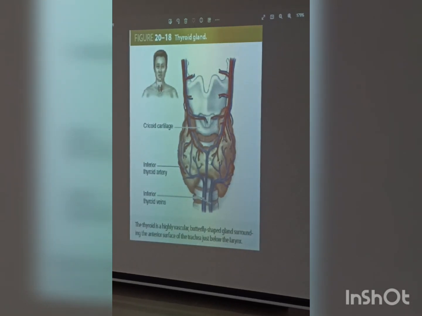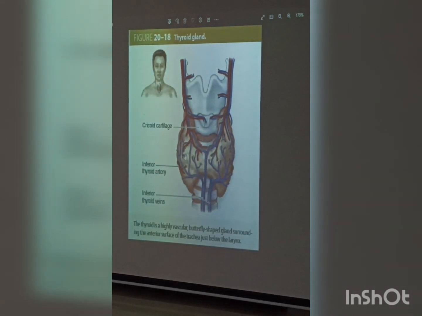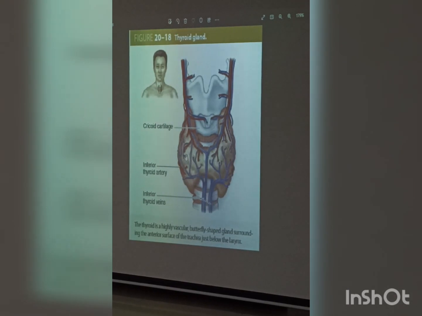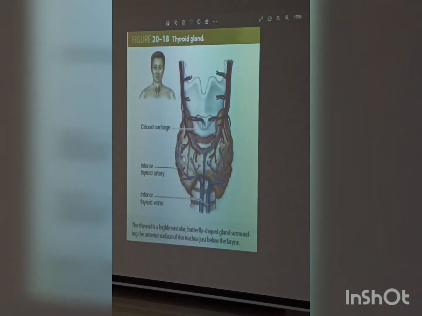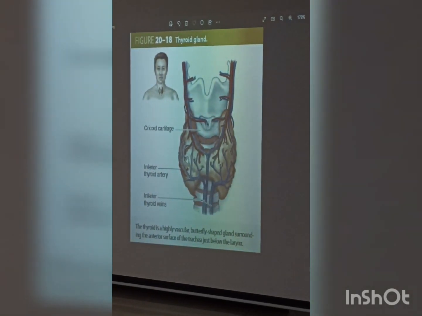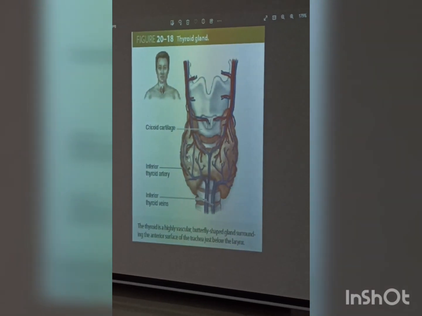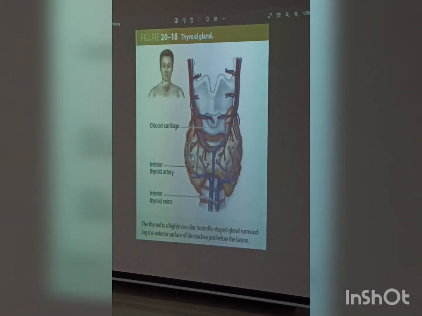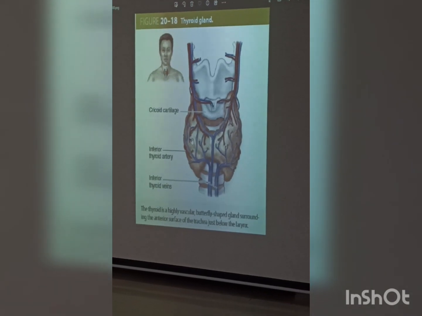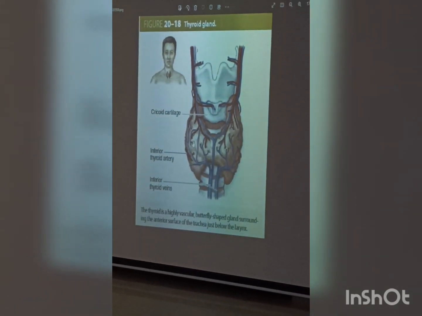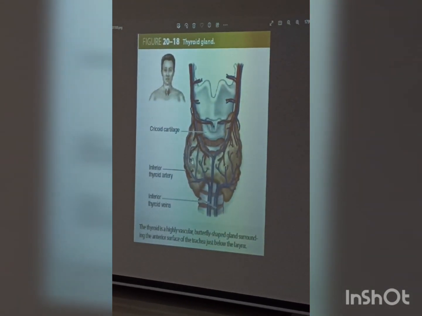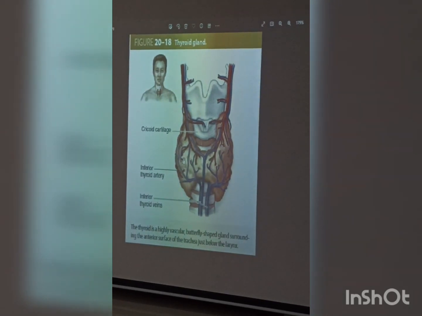And you can see so many blood vessels over it, like the superior thyroid vessels and inferior thyroid vessels. So it is one of the well vascularized organs in your body. Again, we know that it is an endocrine gland, so we have to remember the four C's. Do recall, which we have already learned.